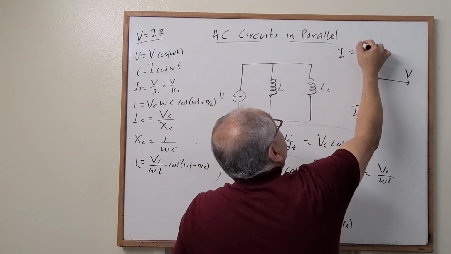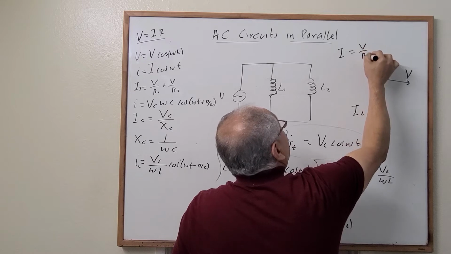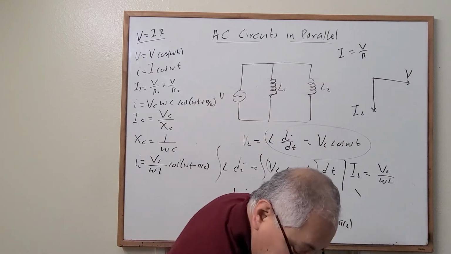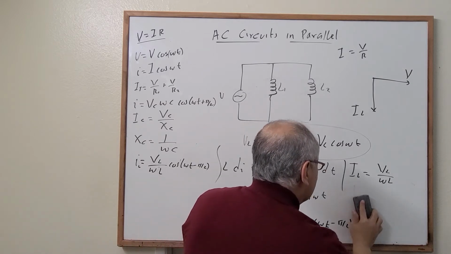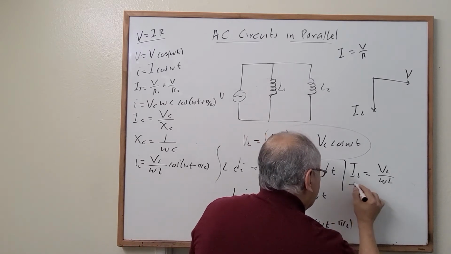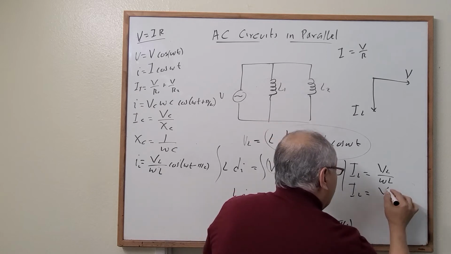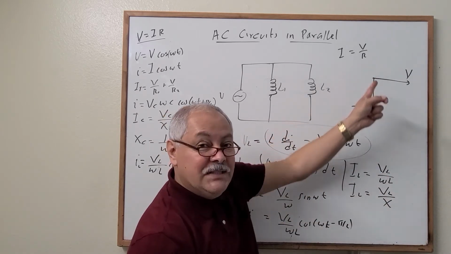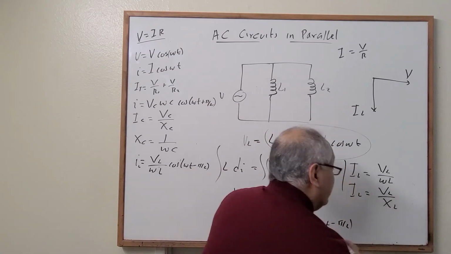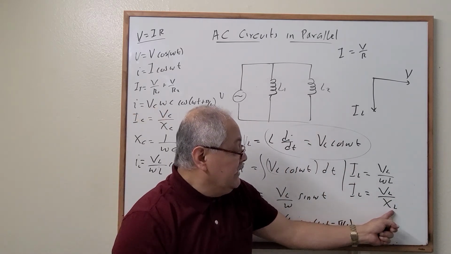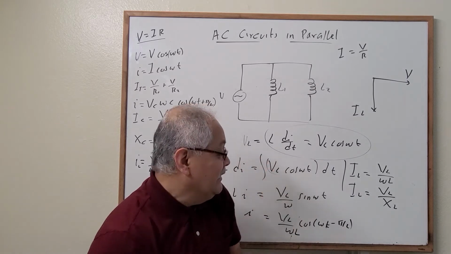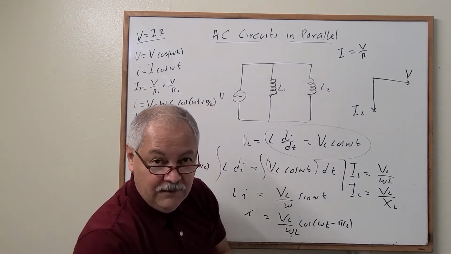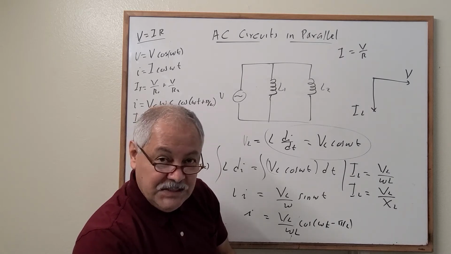Current is equal to V over resistance, and we have this form for the current through the inductor: VL over this quantity that represents resistance, which is going to be the inductive reactance, similarly to the case when we have circuits in series.